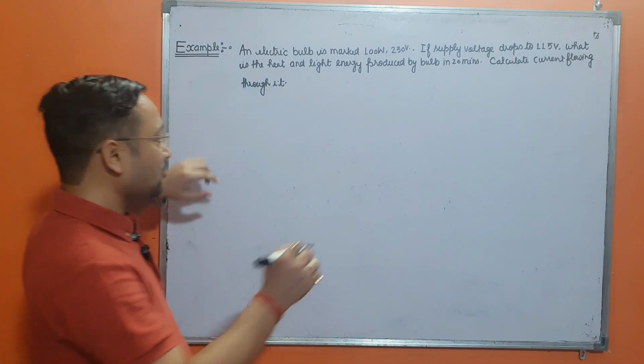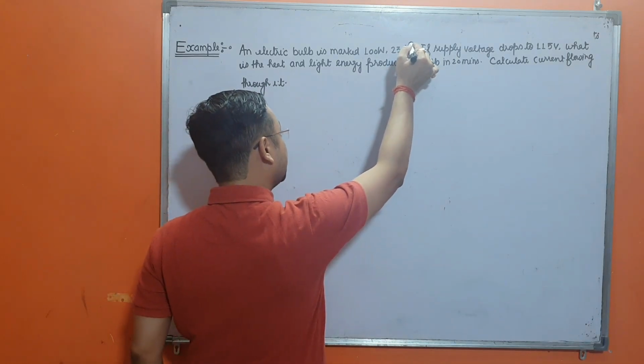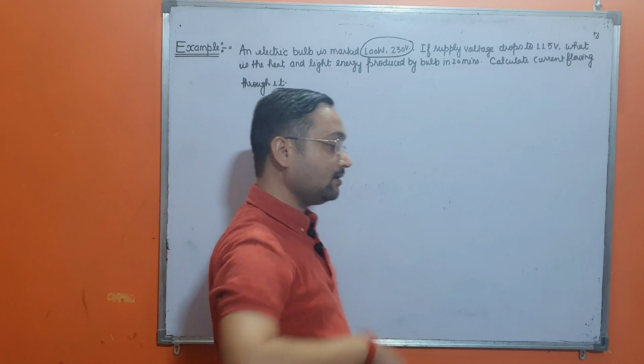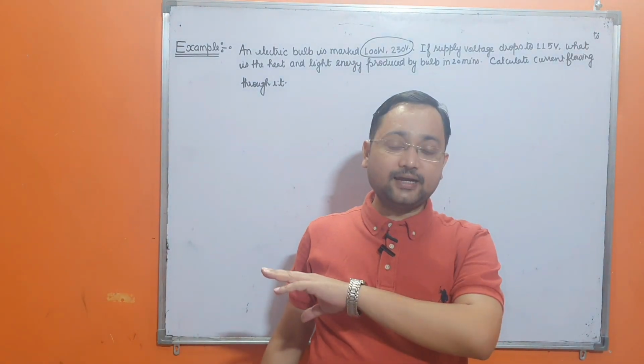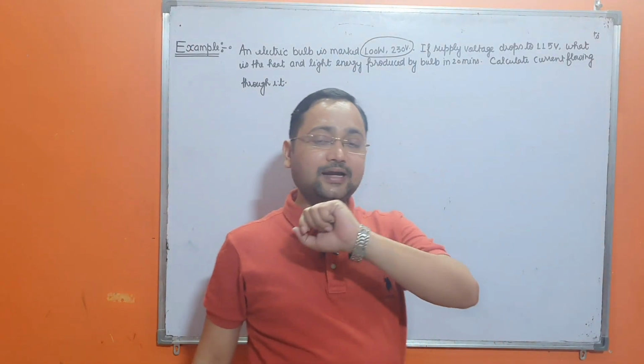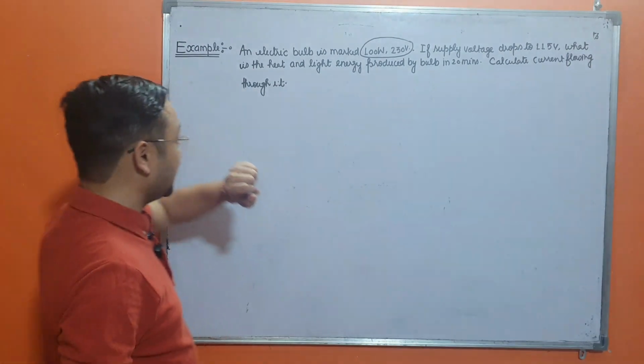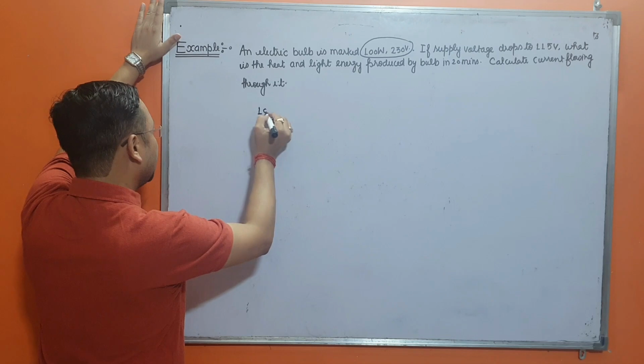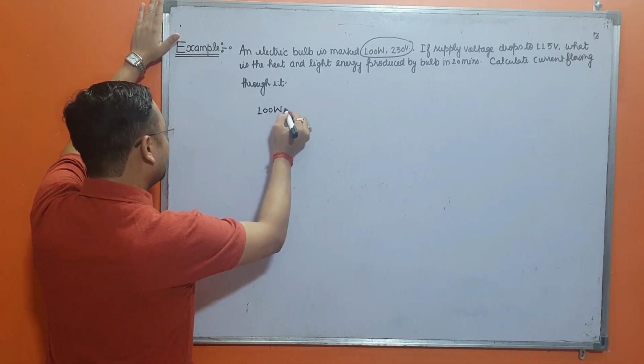So the first thing is what I have said: in the previous example I told that from the rating, what value will we get? We will get the resistance of the component. So there is the electric bulb and the rating is 100 watt 230 volt.